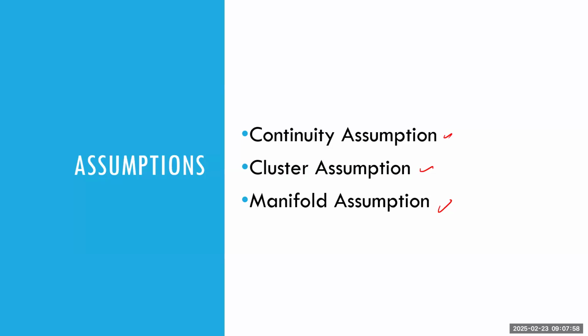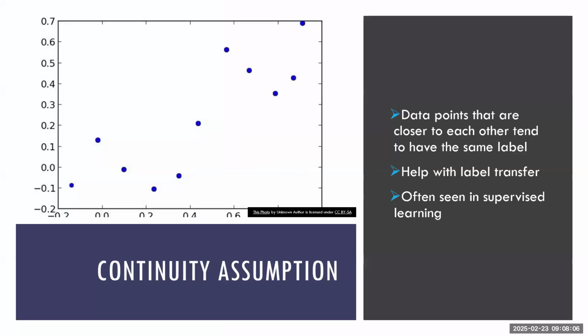So the first assumption is the continuity assumption. This assumption says that data points that are closer to each other tend to have the same label. This is something you will see in KNN. You would think that if this data point is close to this one, maybe they share the same label.